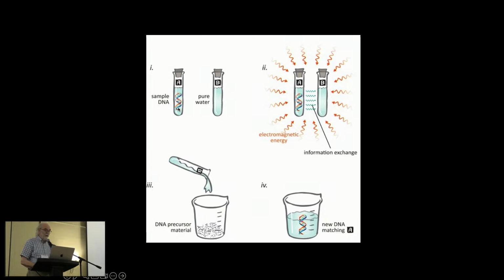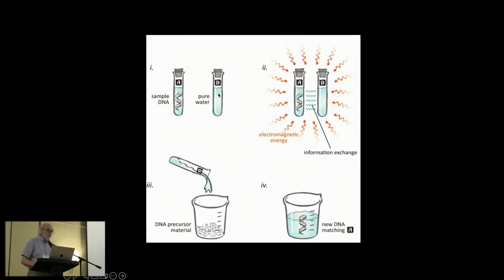And his hypothesis was that information is going from the DNA or from the water that surrounds the DNA, and it's being passed to the water, not chemically, because there is no way for molecules to move from one to the other, because these were factory sealed.